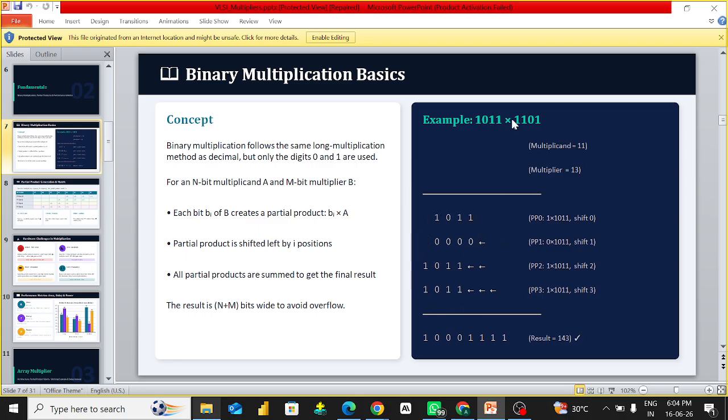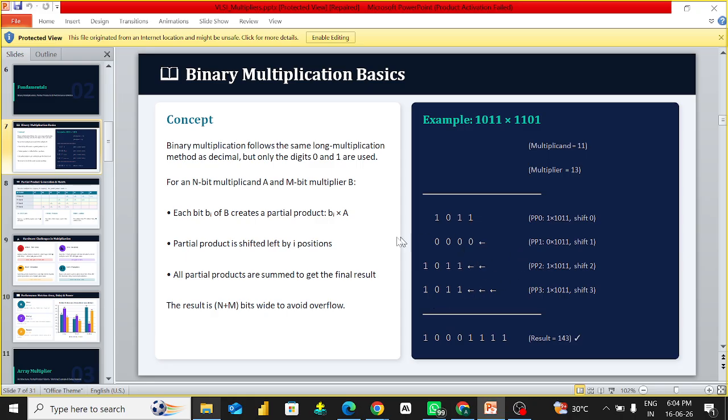Think about what I say. If you multiply 1 with this number, your answer is the same: 1 0 1 1. 0 with this number gives 0 0 0 0, and 1 with this number gives the same number again.